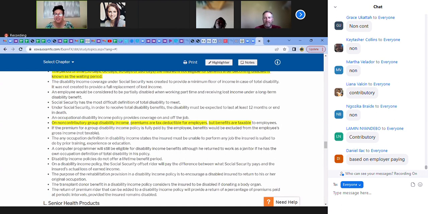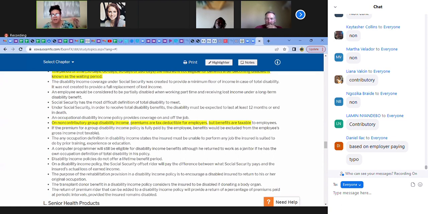If the employer is contributing 0%, that means the employee is contributing 100%. So that means it's a contributory plan because the employee is contributing. Even if the employee was putting in 1%, it's a contributory plan because you're putting something into it.